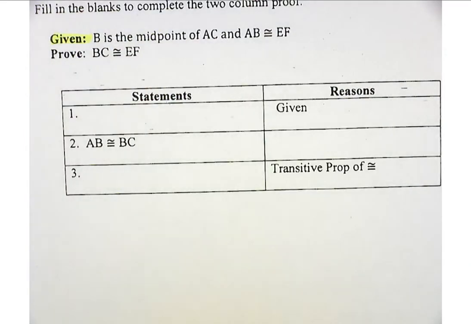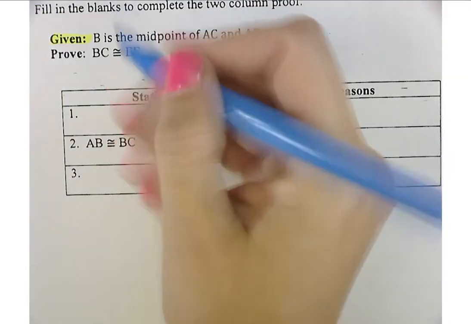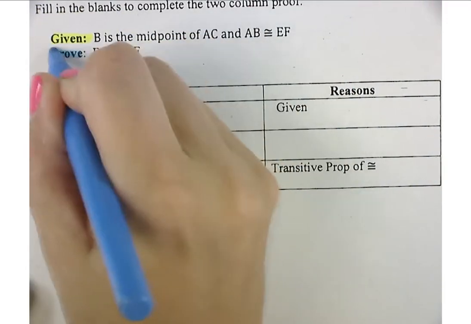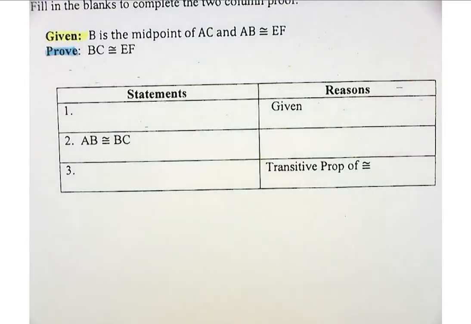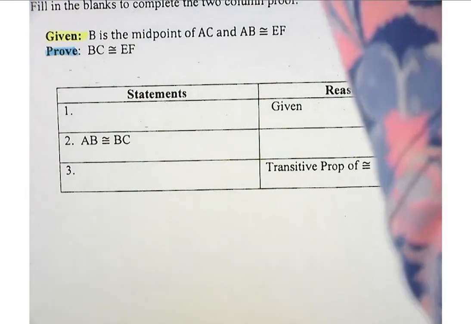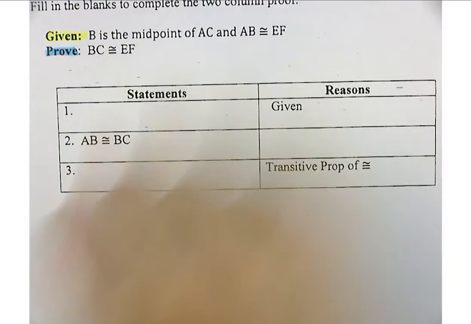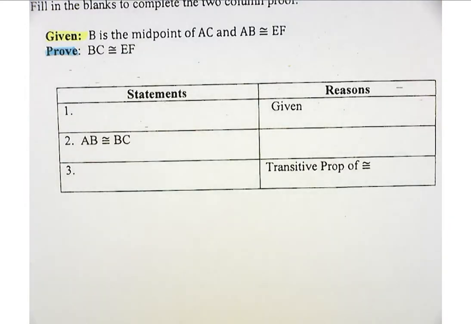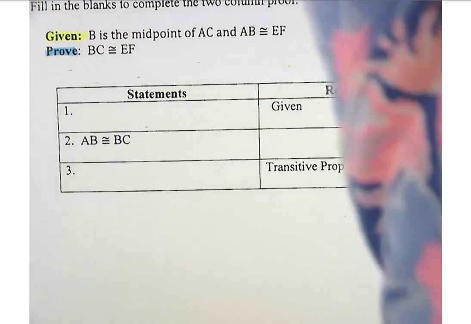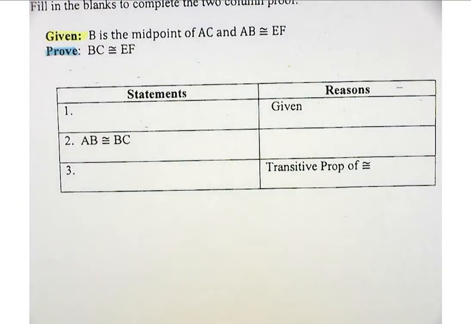B is the midpoint of AC and AB is congruent to EF. And then you also have what you are trying to prove. I guess you can't really see that too much. Okay, so the given statement is what you are going to start with.